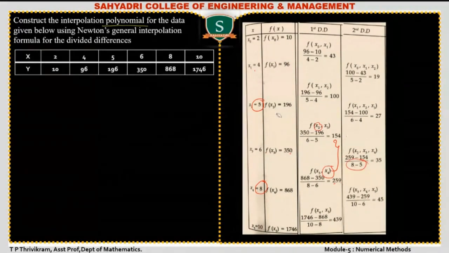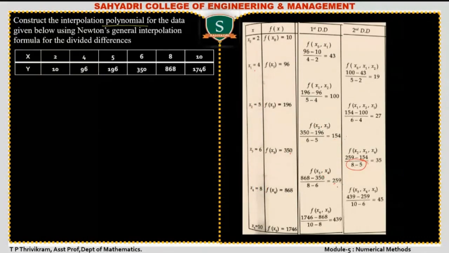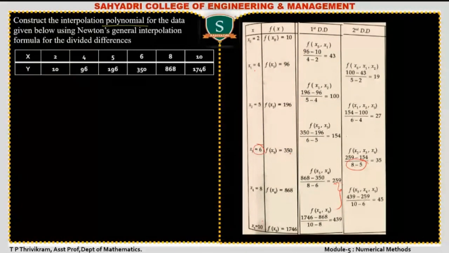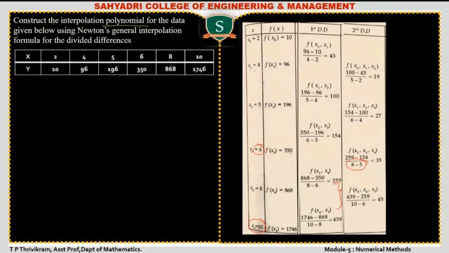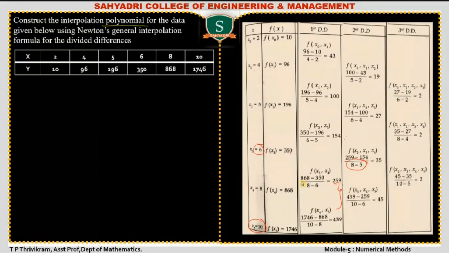Similarly, when you are taking difference between these two, what is the least value? It is x3. Highest value is x5. So 439 minus 259 divided by 10 minus 6. So difference between these two. Clear? Next, go for third order difference.